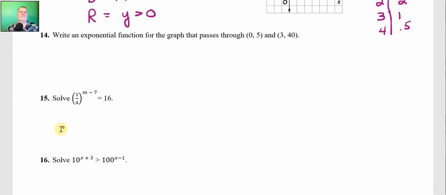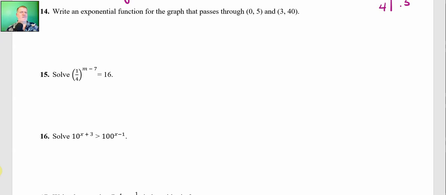All right. I haven't done this one in a while. But remember, your basic exponential function is a times b to the x. A is where we start. Well, guess where we're going to start. 5. That's where we're starting. So I'm going to borrow this point to figure out my b value.